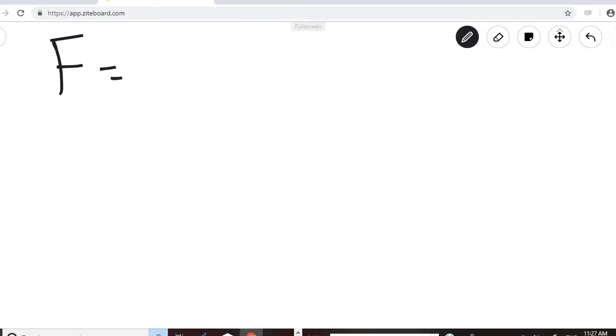So force is equal to negative K times delta X. So F will always be in the opposite direction as the delta X. So then we ask, what is K? Well, K is a constant.